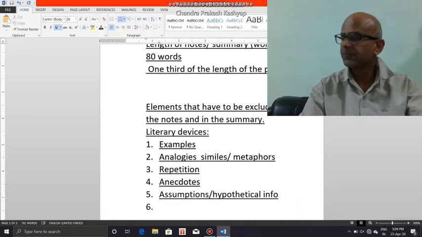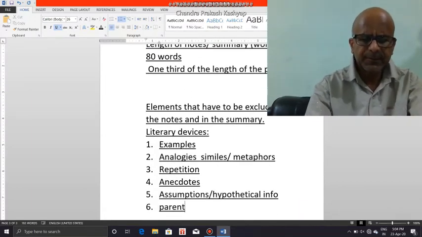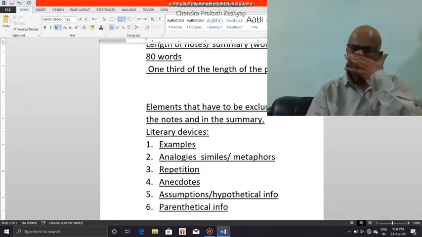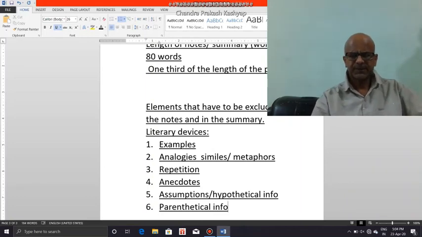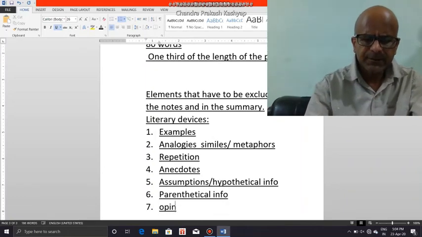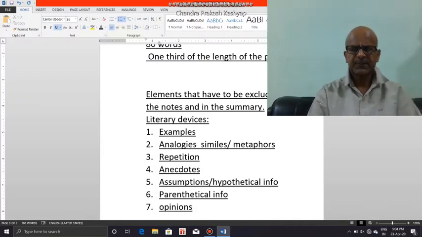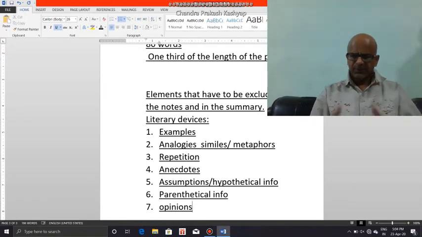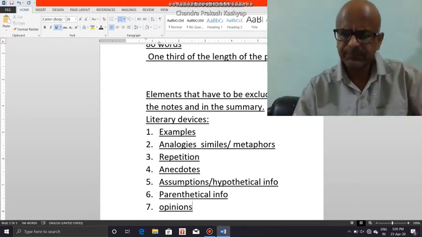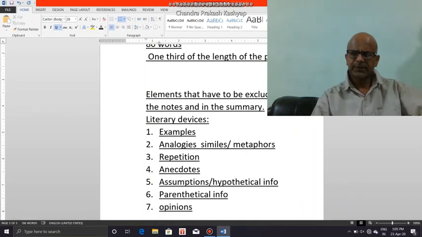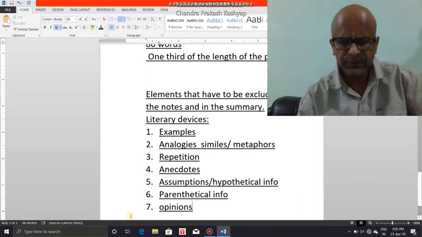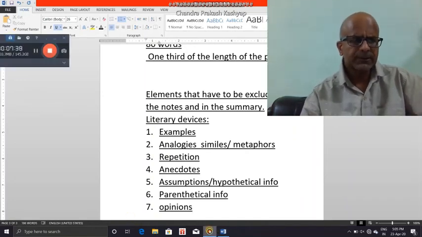He may make use of parenthetical information. Has to be excluded. He may forward his own opinions. Now, all these literary devices that he may or may not use, if he uses, have to be excluded. They don't find a place in notes or in summary.